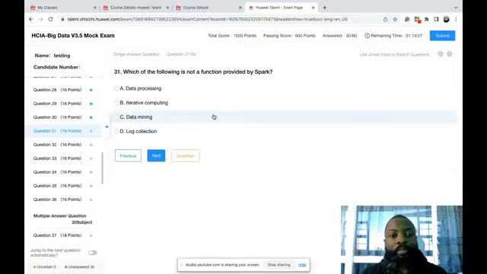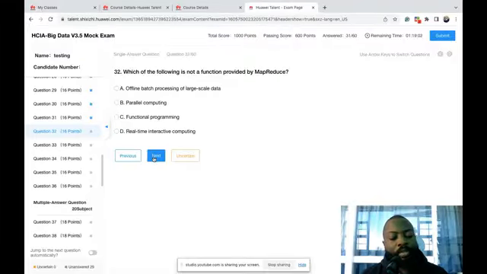Okay, 31. Which of the following is not a function of Spark? Oh, let's see what are the functions of Spark here. Yes, Spark can do data processing. We can do iterative computing. Okay, so which of the following is not a function provided by MapReduce?